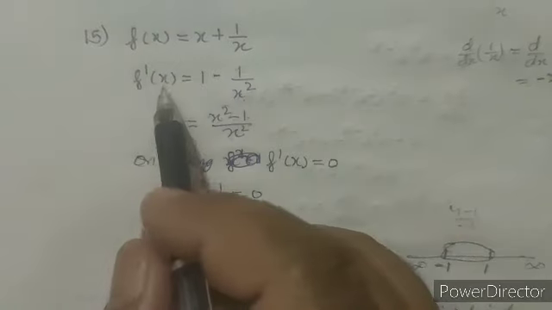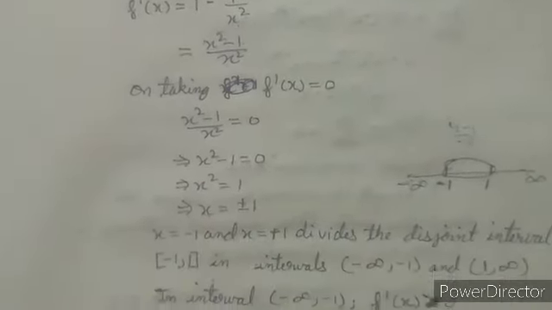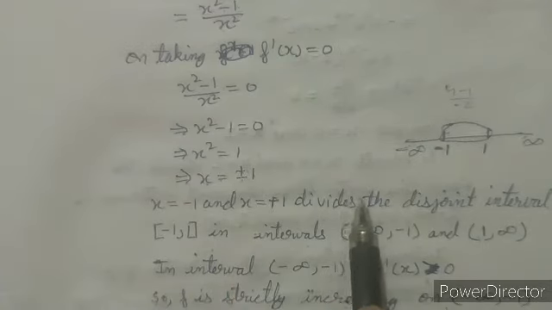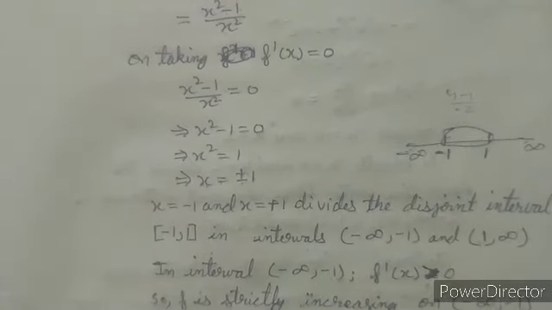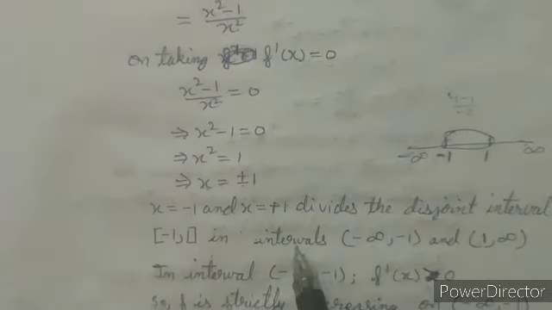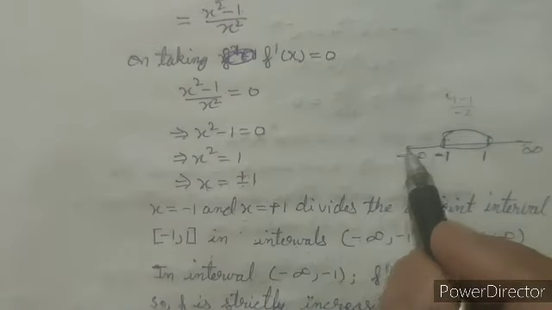Now on taking f dash x equal to 0, we are getting the value of x as plus minus 1. This x equal to minus 1 and x equal to plus 1 will divide the real line, excluding the interval from minus 1 to 1, into the intervals minus infinity to minus 1 and 1 to infinity.